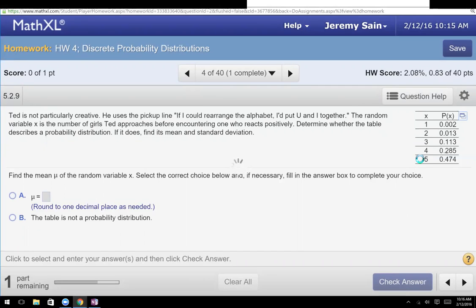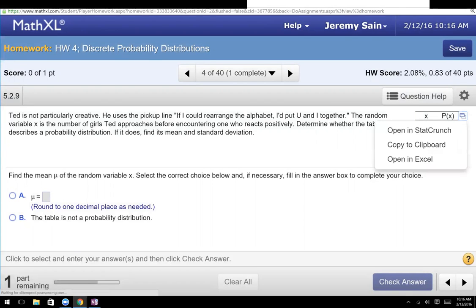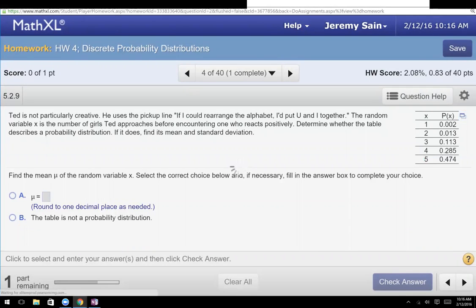The random variable is the number of girls that Ted approaches before encountering one who reacts positively. That's kind of appropriate for this week, isn't it? Oh, what's he doing? Okay, let's do this again. Open in Excel.